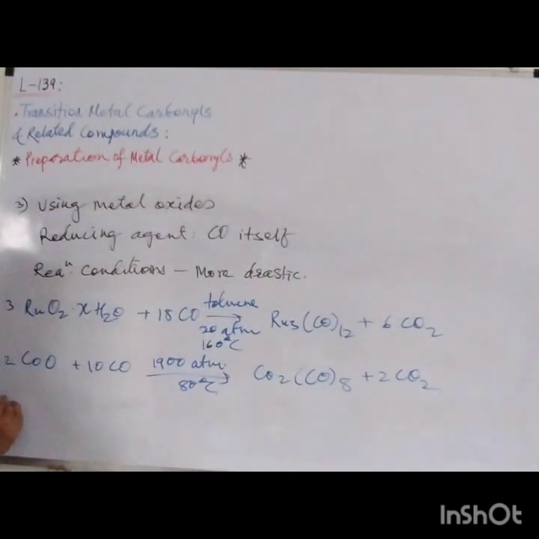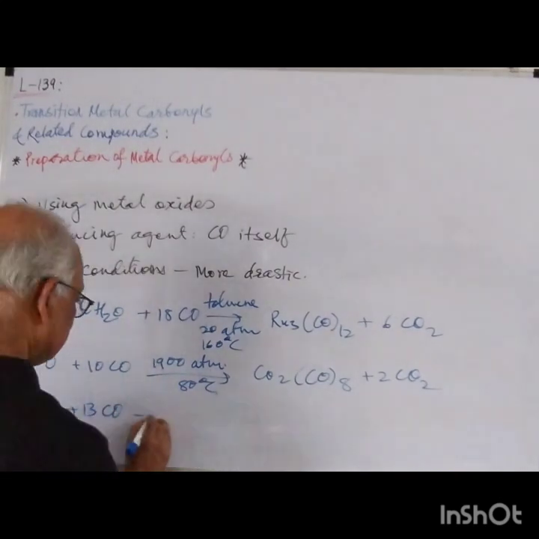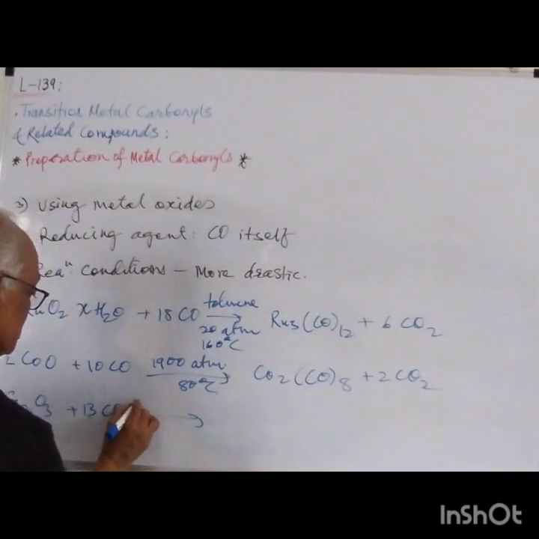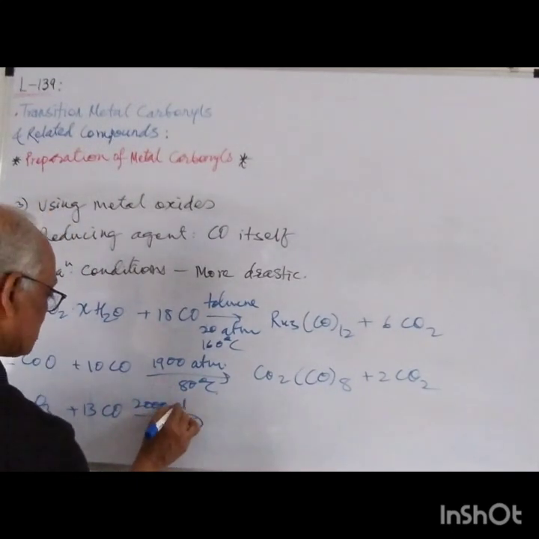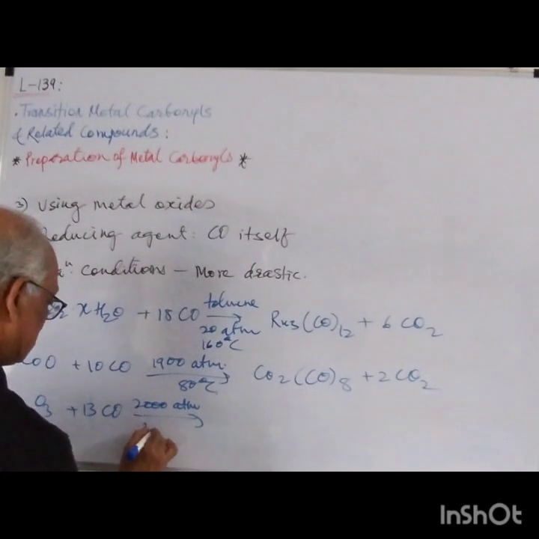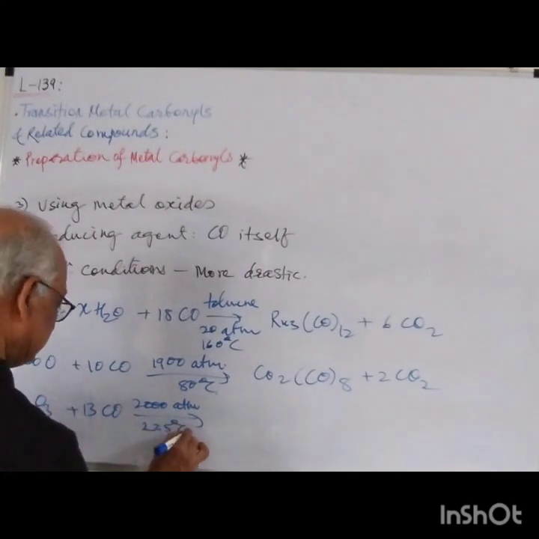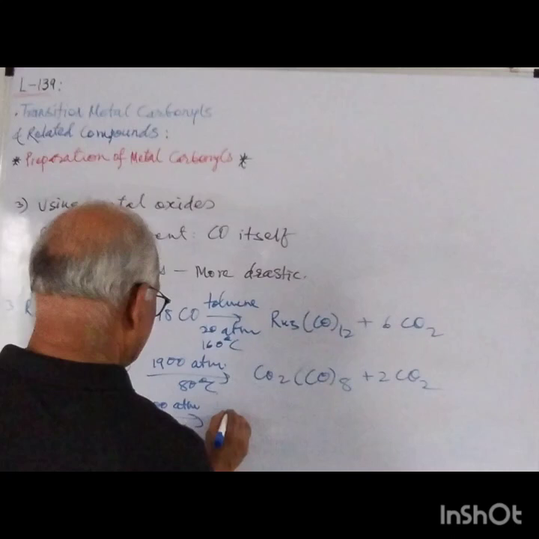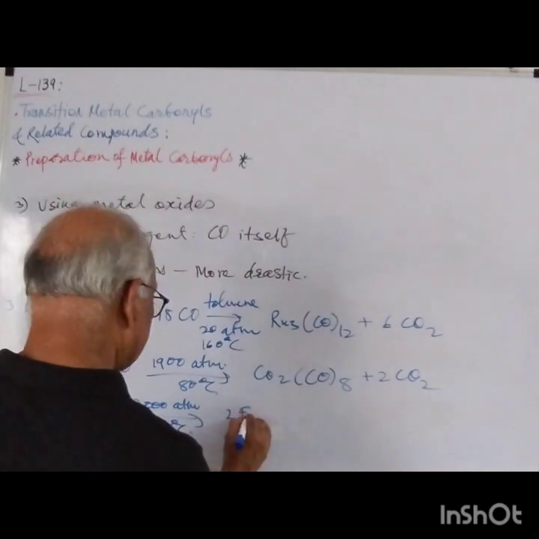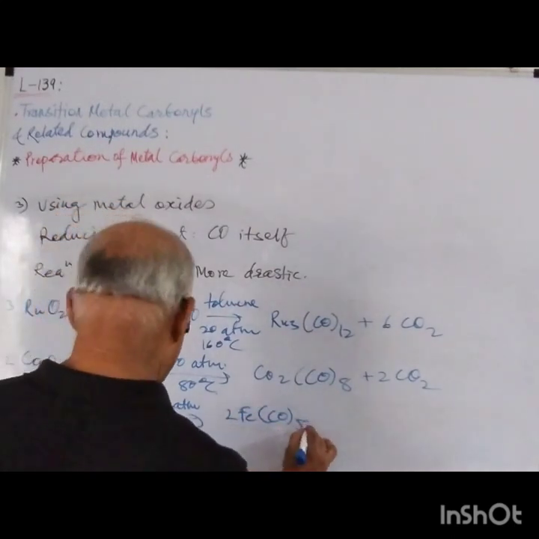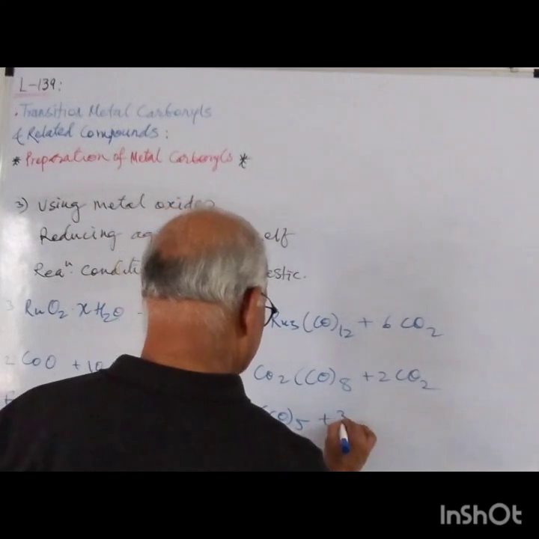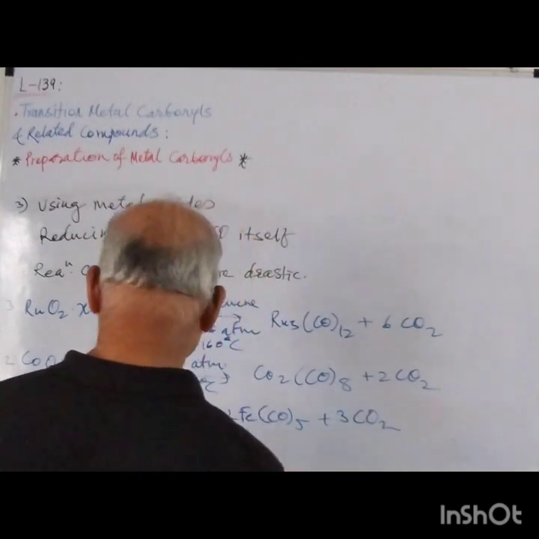Then another reaction is Fe2O3 plus 30 carbon monoxide under 200,000 atmosphere pressure and 225 degrees centigrade temperature gives twice Fe(CO)5 plus thrice CO2.